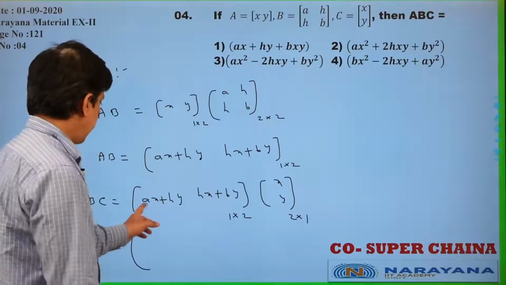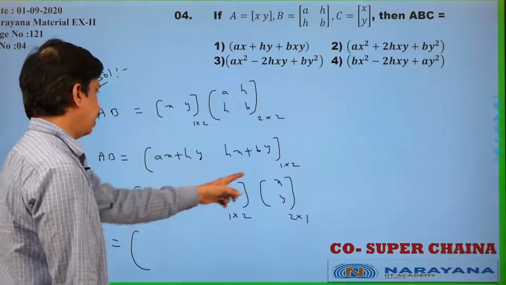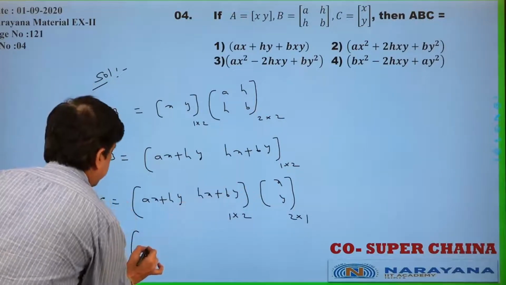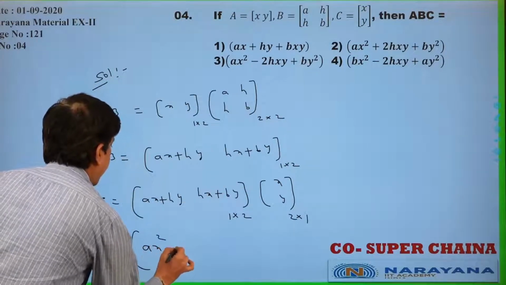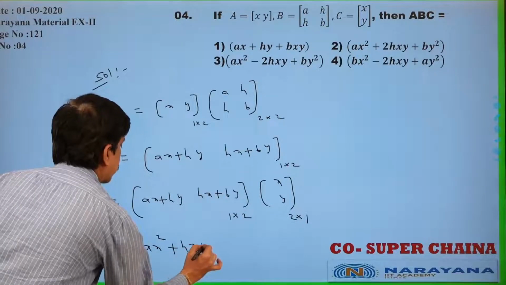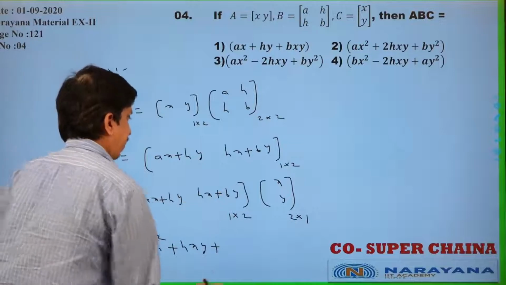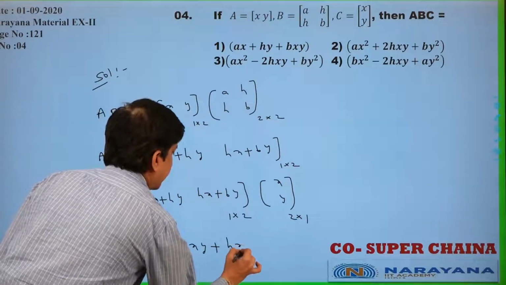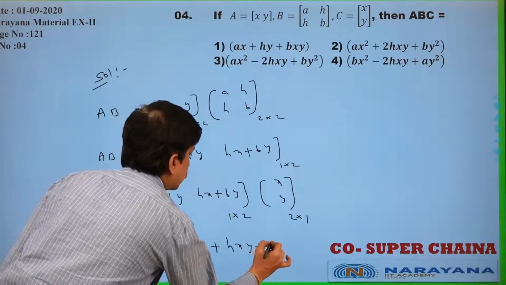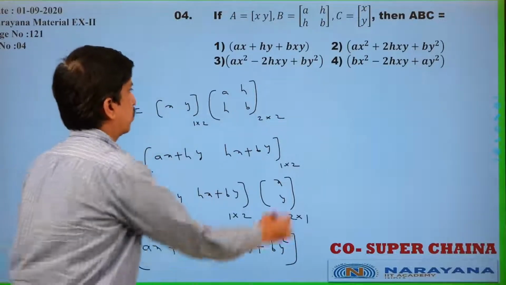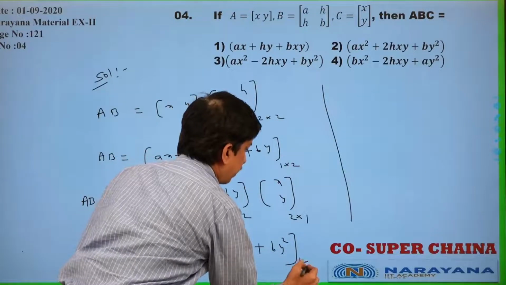Now, this into this plus this into this: (ax + hy) into x gives ax² plus hxy, plus hxy plus by². You get a 1 by 1 matrix.